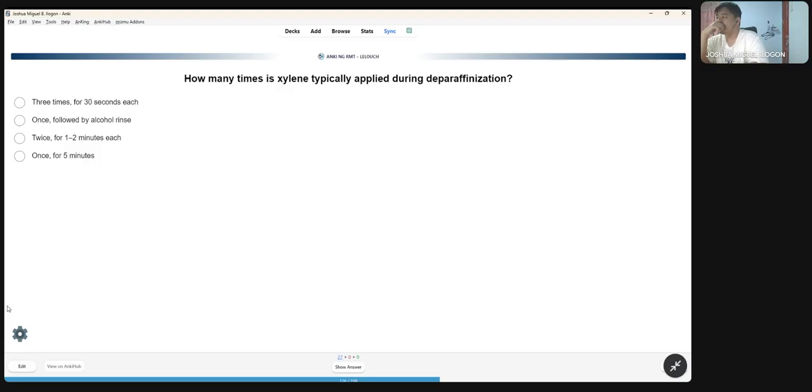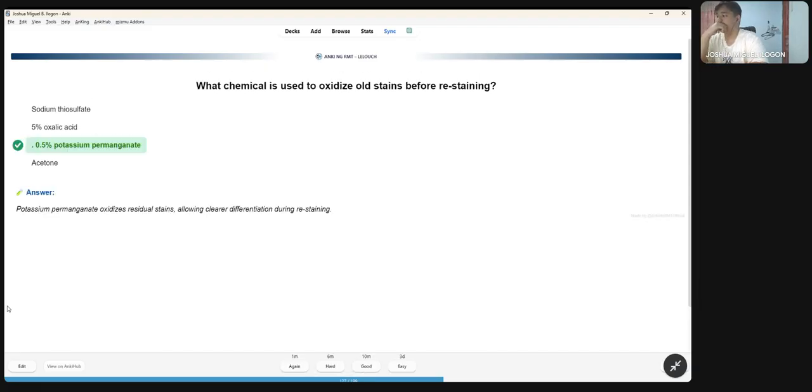Deparaffinization. 2 times? 1 to 2 months. Wait, oxidize old stains before restaining. Oxalic acid?